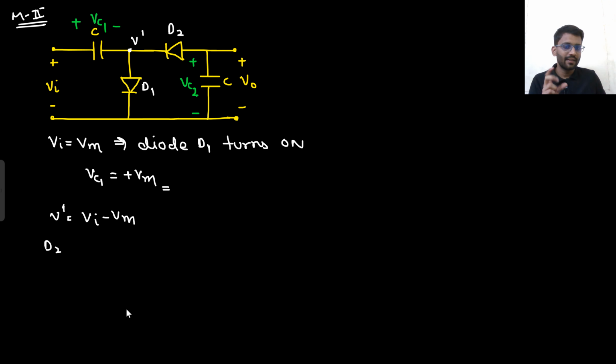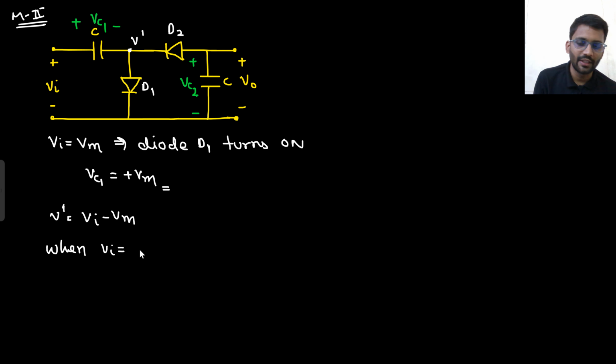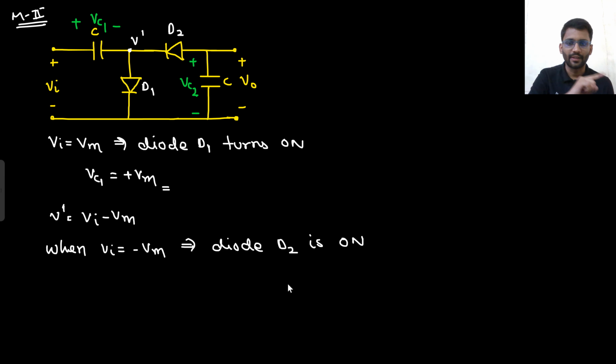But we will take the maximum negative supply. When Vin is equal to 0, it can turn on, but we will take the maximum negative supply. When Vin is equal to minus Vm, diode D2 is on. So we are taking the maximum negative supply. That means this V dash would be minus 2 Vm. So this we don't need to write.